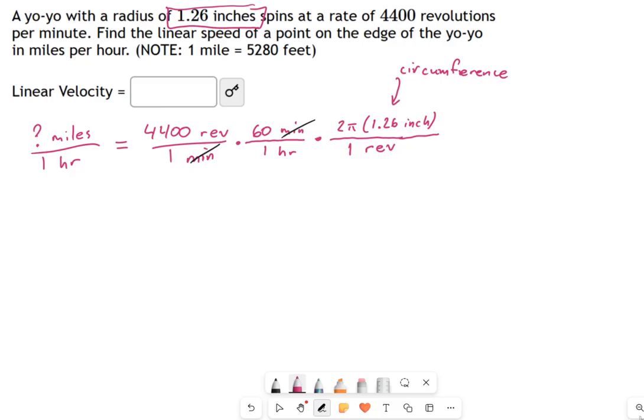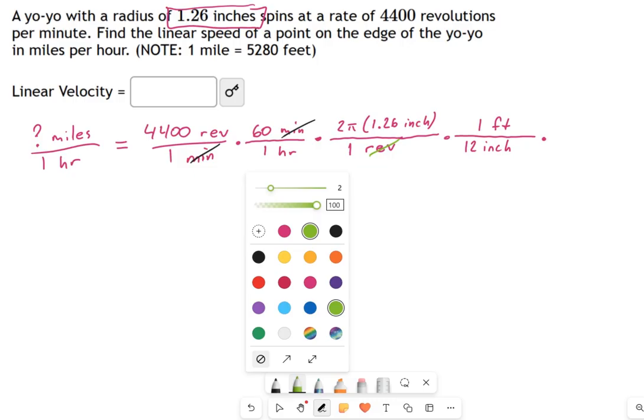Great. Only problem is now it's in inches, and I want this thing to be in miles. So a couple more steps are needed here. It's going to be times something with inches on the bottom. Okay, I'm going to say 12 inches on the bottom and 1 foot on the top. All right, so if we're going to follow along here, that's going to cancel out my revolutions right here.